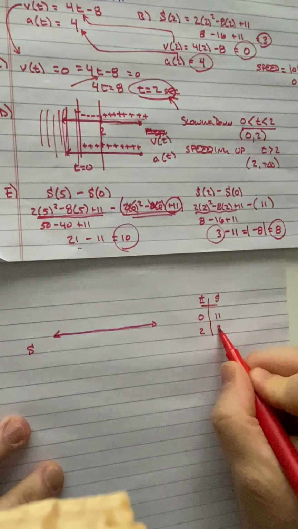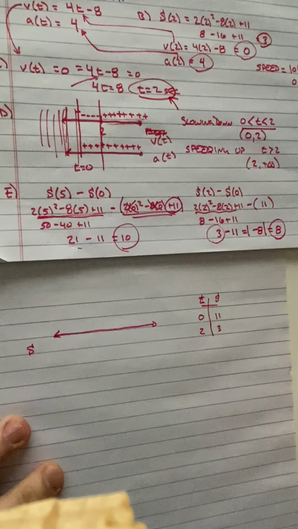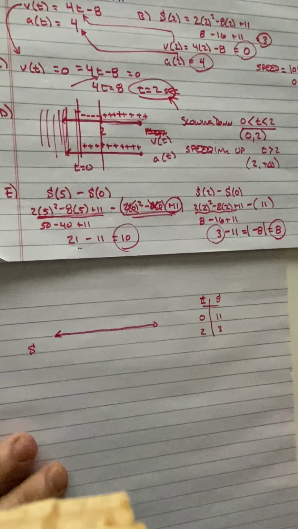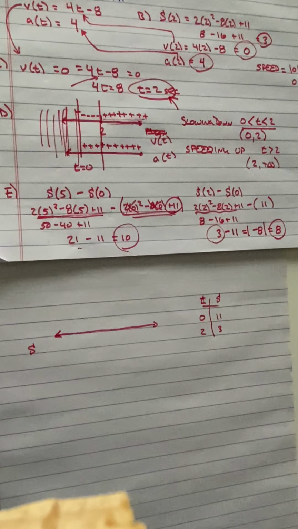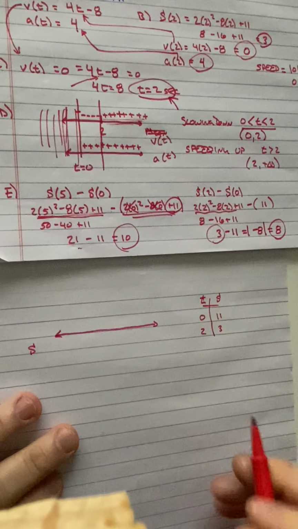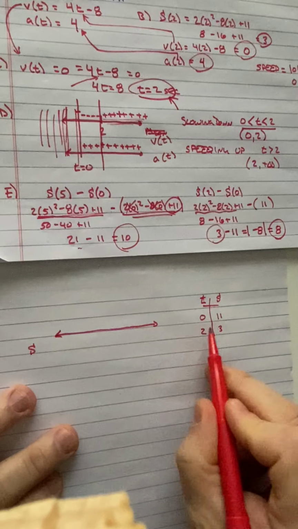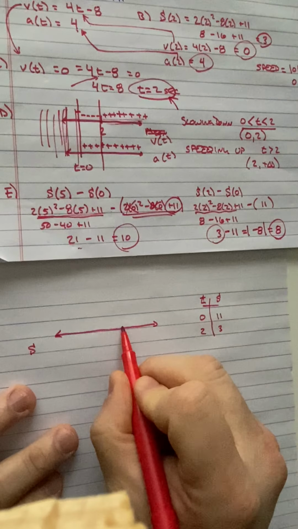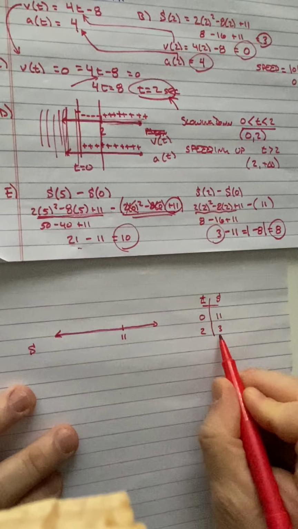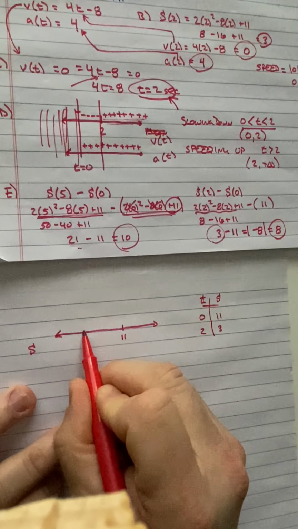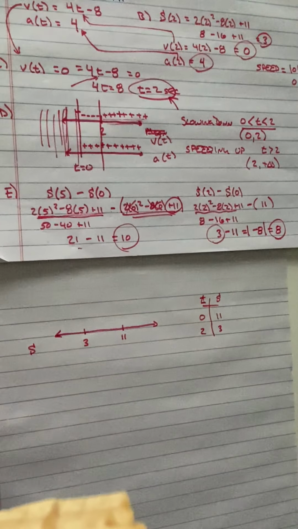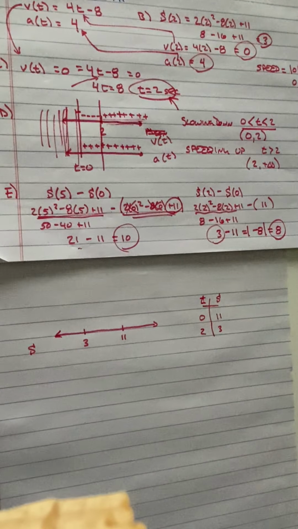You get a position of 3. If you want to use your calculator and look at the tables, feel free. Let's plot those points. On the position function, we're plotting 11. On the position function, we're plotting 3. The next example will have a few more critical values to plot.